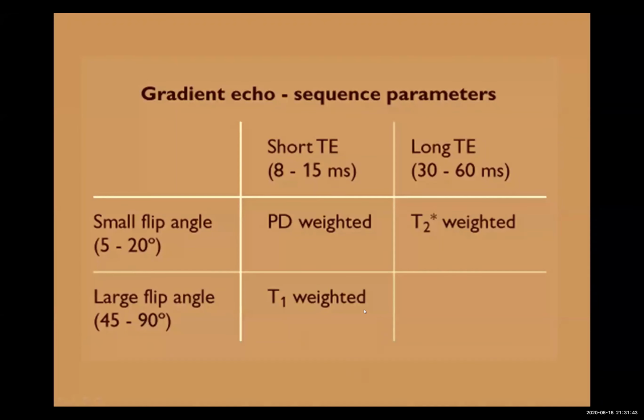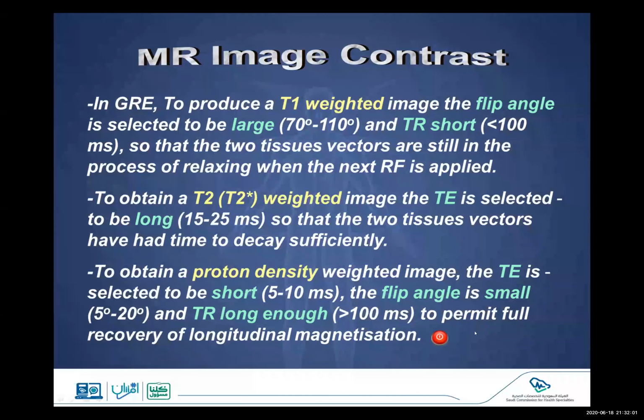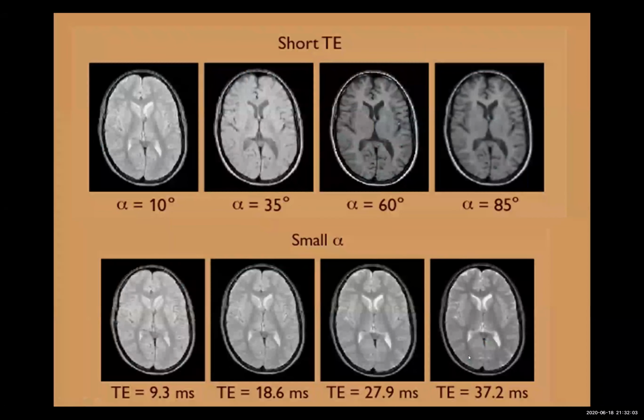That's an example of how flip angle can affect the image. So for example, if I select a flip angle from 5 to 20 with a short TE and long TR, we will be able to produce proton density weighted images. And with a long TE, I can produce T2 weighted images, or T2 star in this case. That's the effect of flip angle.